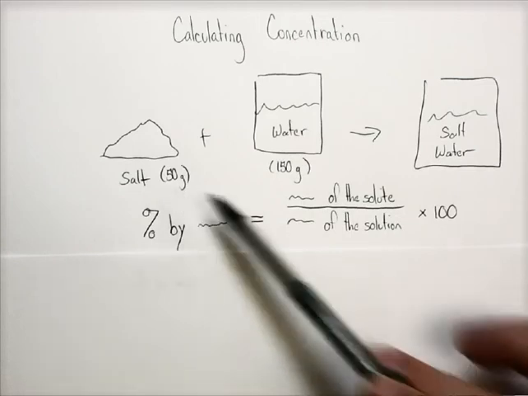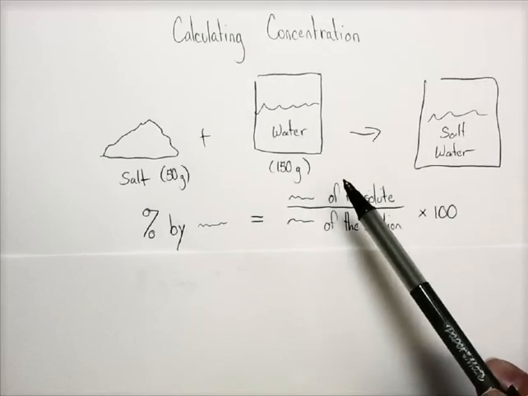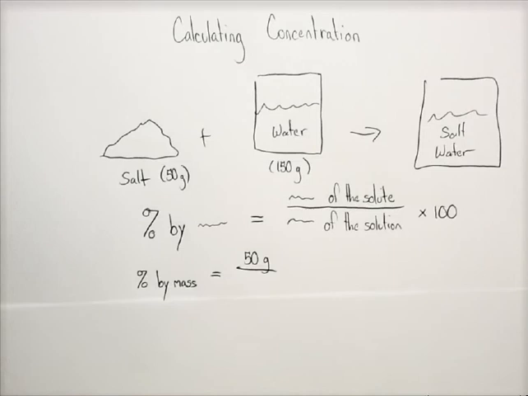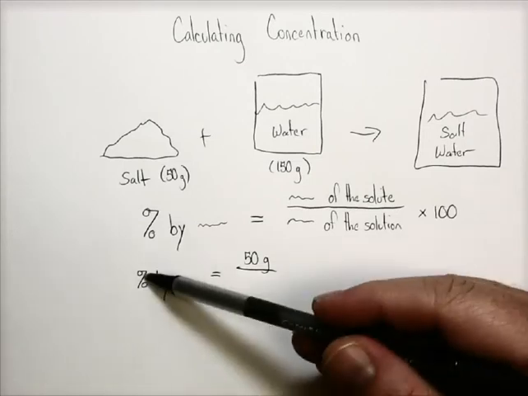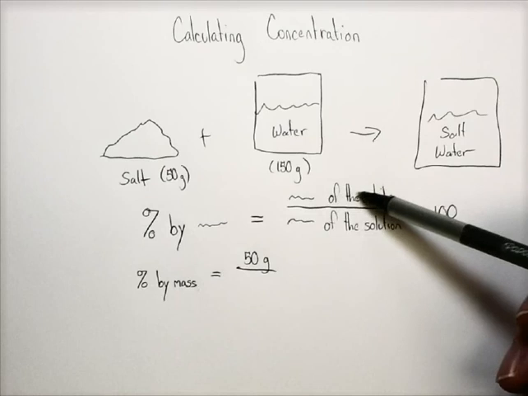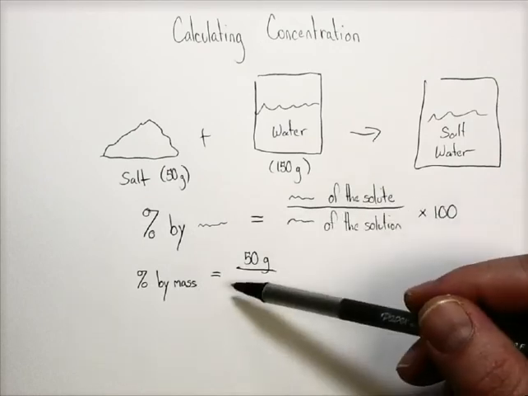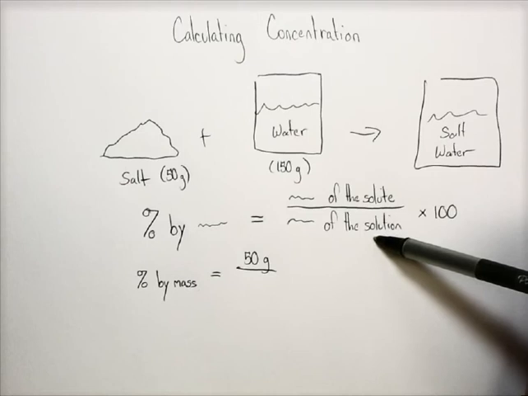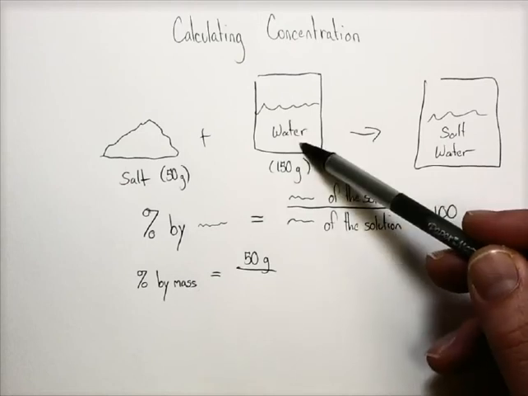If we've got 50 grams of salt and 150 grams of water, and we're going to put those together to make salt water, and we want to find the percent by mass of salt. You can see where I began and didn't finish here. The percent by mass is the mass of the solute divided by, and here we have to be careful, the mass of the solution, not the mass of the solvent.